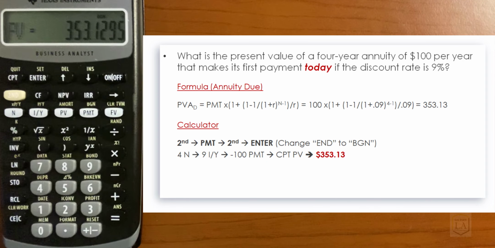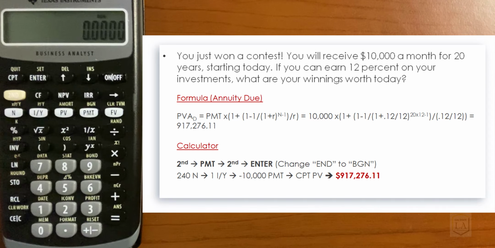So you can see there is a slight difference pertaining to the payment period, whether it was being made at the beginning or at the end of each period. Now let's continue to work on the annuity due problem.